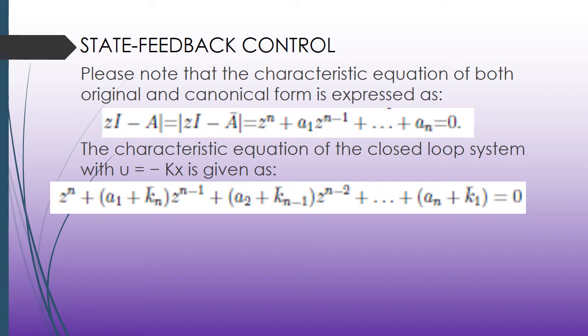Please note that the characteristic equation of both the original and canonical form is expressed as the determinant of zI minus A, which is equal to the determinant of zI minus Â, which is also equal to z^n plus a_1 z^{n-1} and so on until you reach a_n, which is equal to 0.